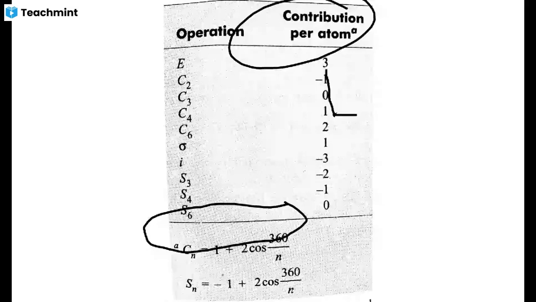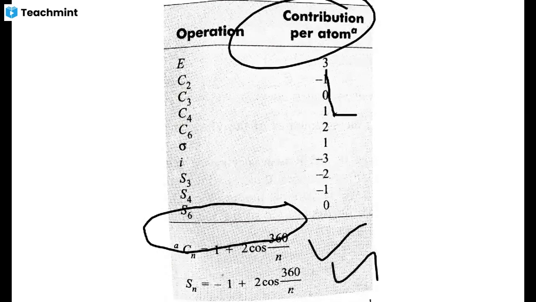For Cn use this formula, and for Sn use this formula.